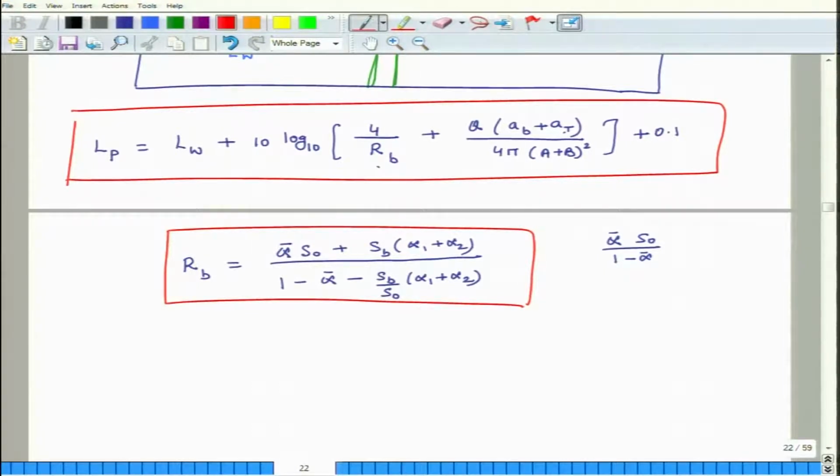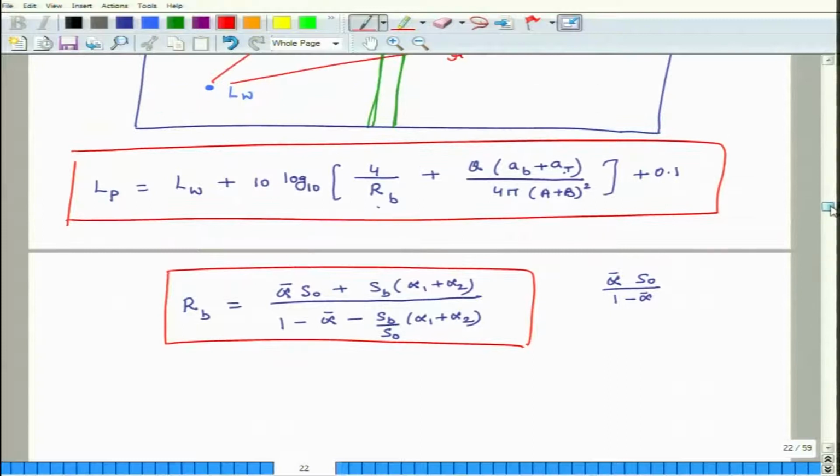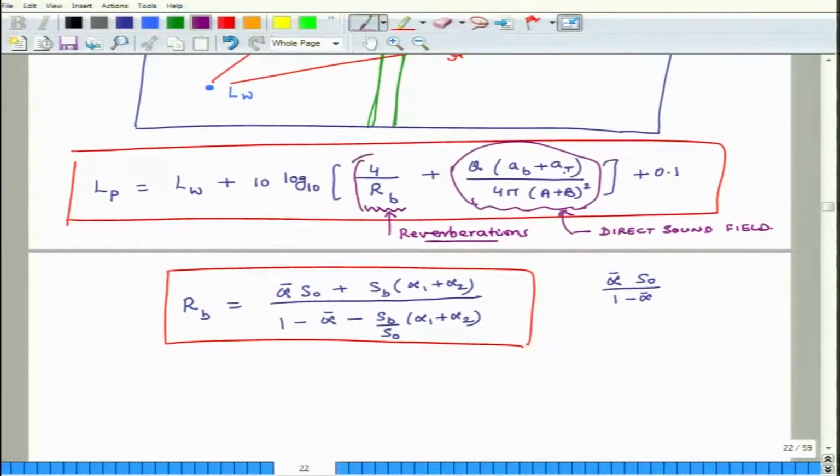So, this is there. I have to make a couple of other observations. This term is because of reverberations, because of repeated reflections. This term is because of direct sound field. When I say this term, it means this entire thing, and same thing here also.